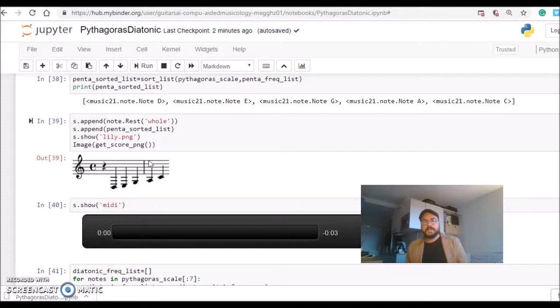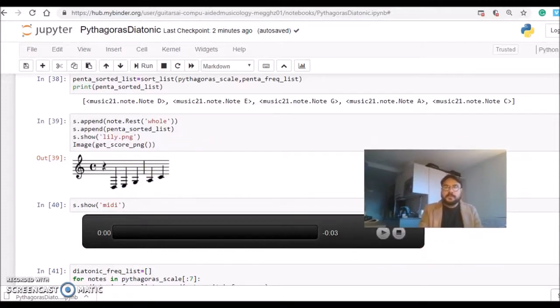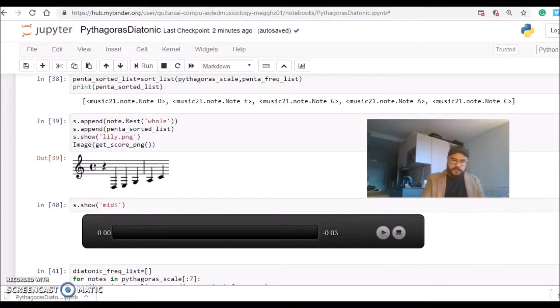So already with these 5 notes, Pythagoras could explain a lot of the music that was being done at the time. And in fact, a lot of the lyres' tunings were based on this pentatonic.